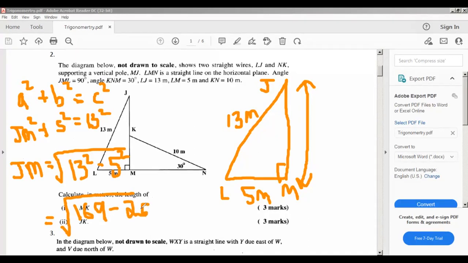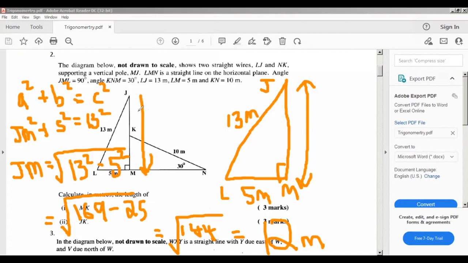What's 25 from 169? 144. What's the square root of 144? 12. So the entire thing, ladies and gentlemen, is 12 meters.